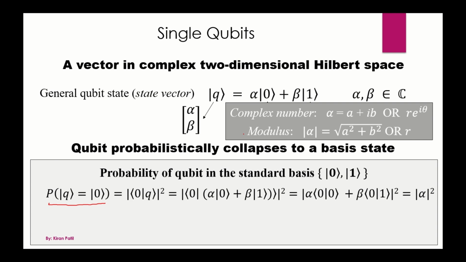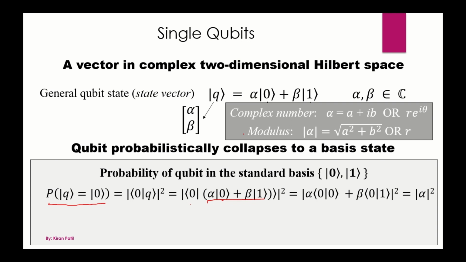If we solve this equation, you can see over here I have solved it. Bra 0 multiplied by the equation of the qubit. What is the equation of the qubit? Alpha ket 0 plus beta ket 1. So if we solve this, we get alpha times the inner product of 0 0, plus beta times the inner product of 0 1, modulus square.